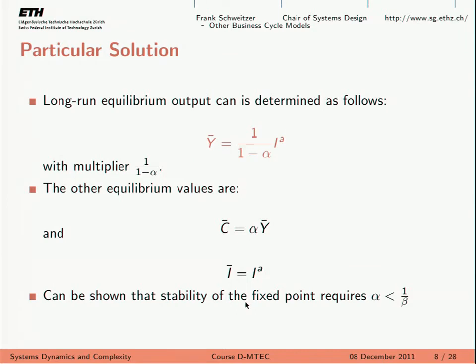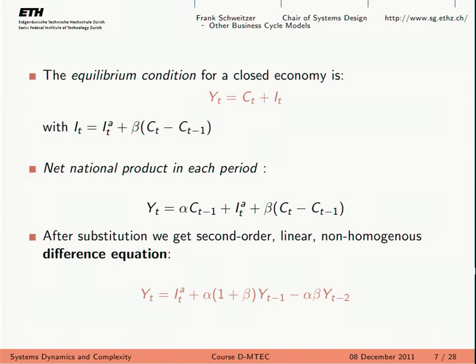Yes? Sorry, in the previous slide. Net national product. How do you find epsilon t equal alpha c t minus 1? Oh, yeah. So there's another typo.